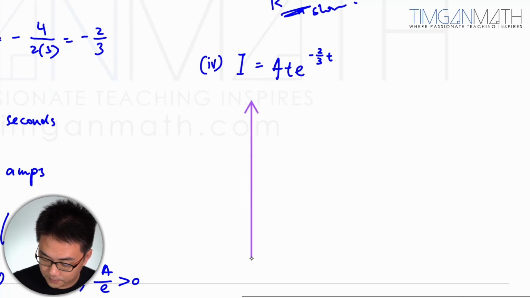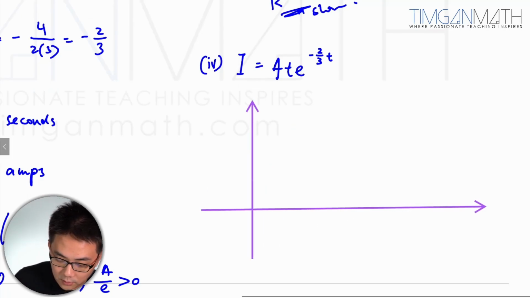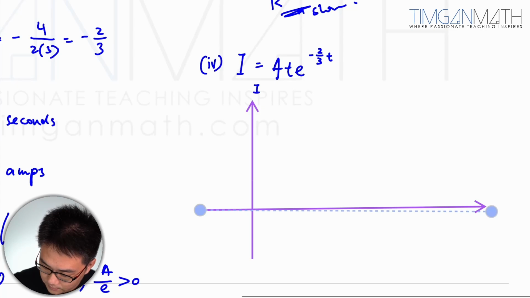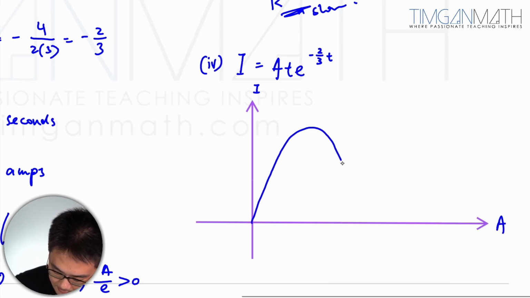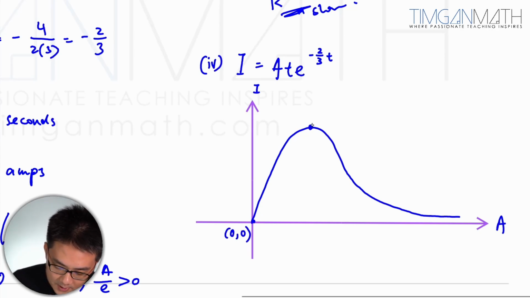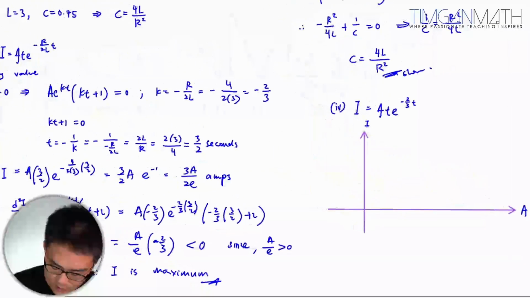So this part starts off with I on this axis, and this is t. You just draw it like that. This is 0, 0, because it starts with 0. And this part here is a maximum point.